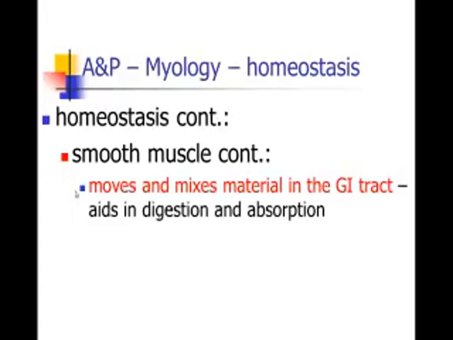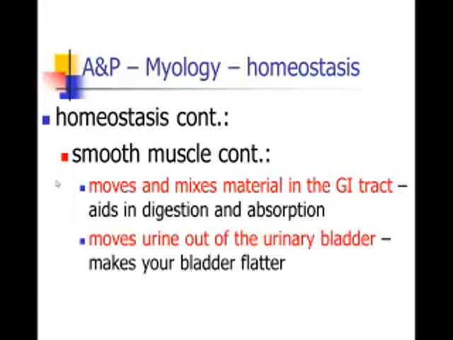One is digestion of the material by mixing the food with the enzymes, but it also is going to facilitate absorption by having more material come up against the mucosa by this turbulence within the system. If you didn't have that turbulence, you would have less absorption. The smooth muscles are going to be responsible for creating pressure to move urine out of the urinary bladder, making your urinary bladder flatter.